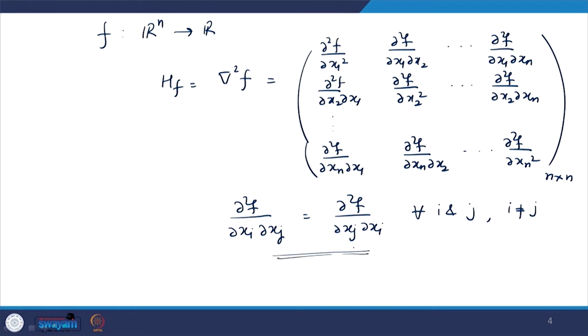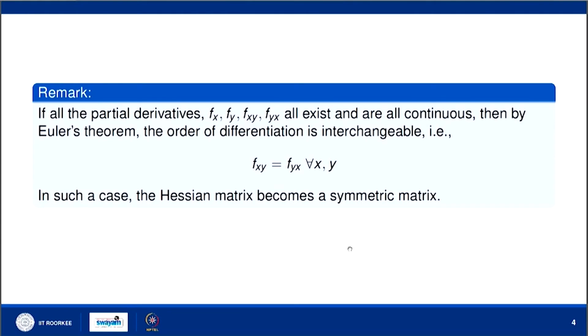And when will this be equal? We know from Euler's theorem that this will be equal if the partial derivatives f_x, f_y, f_xixj, f_xjxi are continuous. This is by Euler's theorem. So, here it is mentioned that if all the partial derivatives f_x, f_y, f_xy, f_yx exist and are continuous, then by Euler's theorem the order of differentiation can be interchanged.